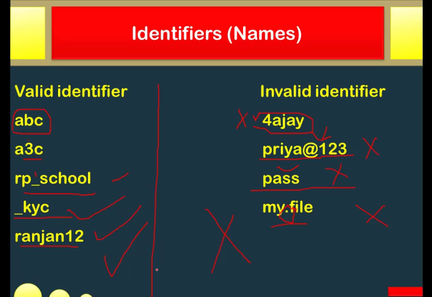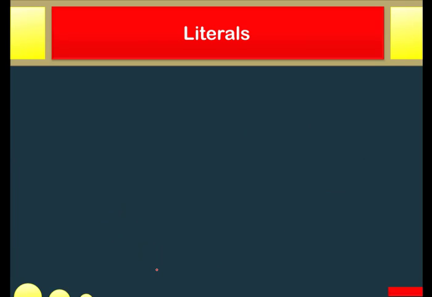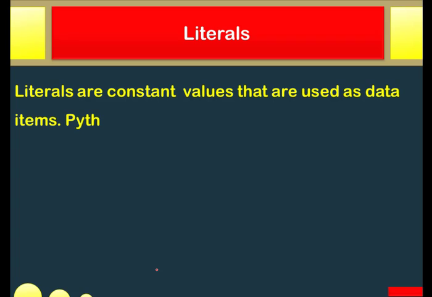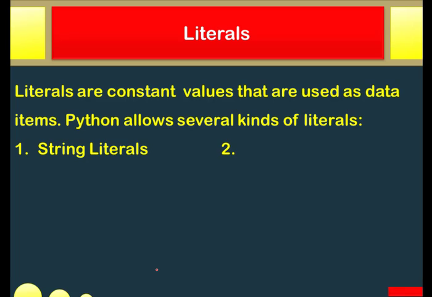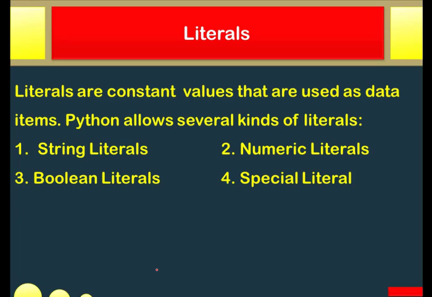So this is about the identifier. Now we are going to learn about literals. Literals are constant values that are used as data items. Python allows several kinds of literals: string literals, numeric literals, boolean literals, special literals, None, and literal collections. So literals are the fixed values, the constant values, the values that don't change.